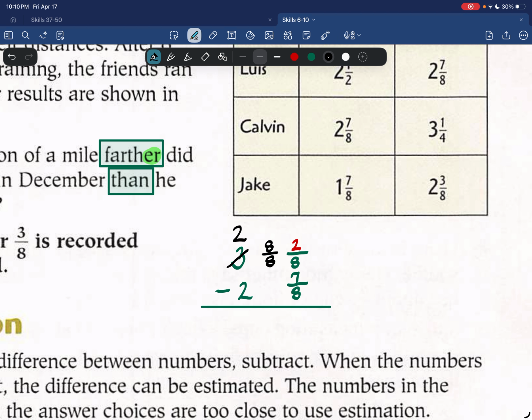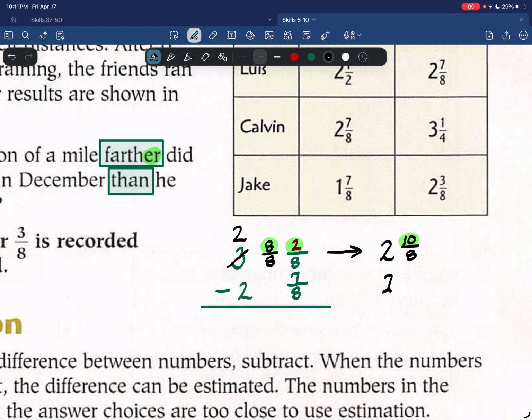So what I have now is 2 and 10/8 because I am adding that 8 and that 2 to get that 10. And the denominator doesn't change. It comes over there just like it is in the first part.